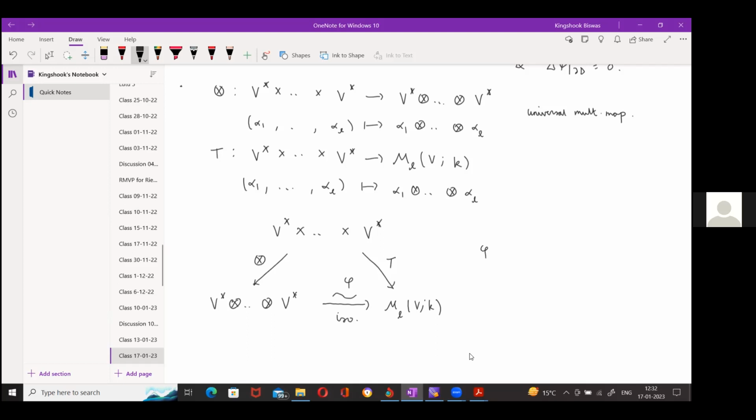So phi being an isomorphism implies that T is also a universal multilinear map.